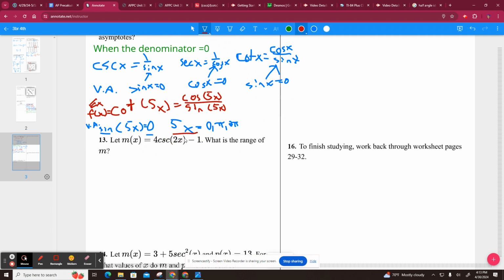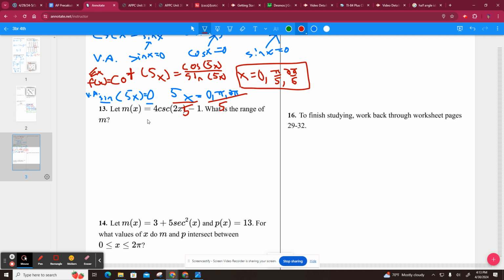And then I can get x by itself by dividing by 5. So x equals 0 divided by 5 is 0, pi over 5, and 2 pi over 5. So I'm going to have vertical asymptotes at these x values.